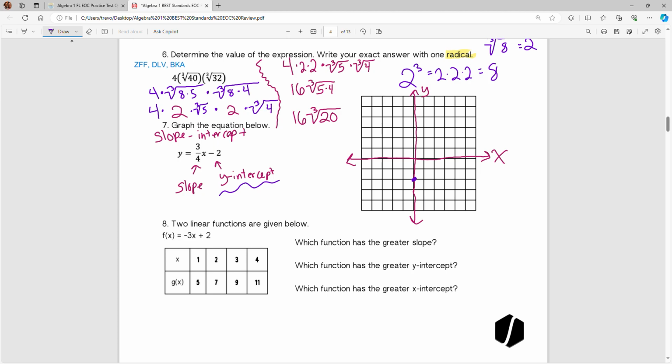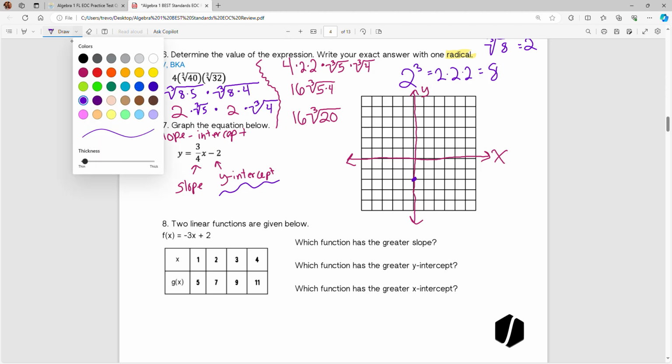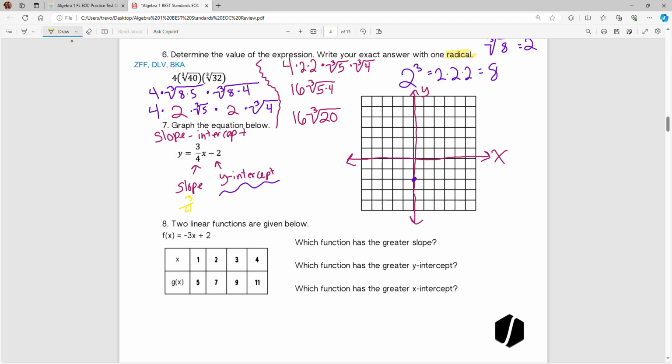My slope tells me to go 3 over 4. So I'm going up 3 and over to the right by 4 from my intercept. So up 1, 2, 3, over 1, 2, 3, 4.